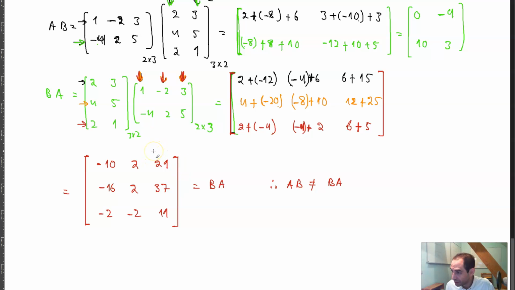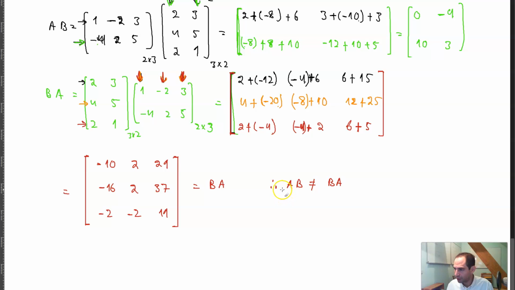So in this example, both AB and BA are of different order, and so AB is not equal to BA. But one may think that perhaps AB and BA could be the same if they were of the same order. But it's not so.